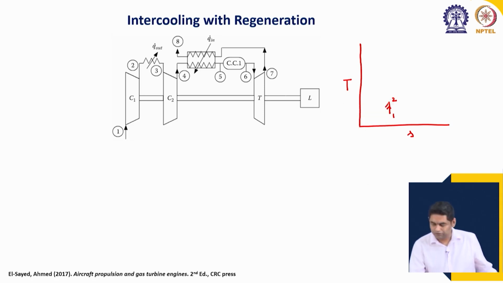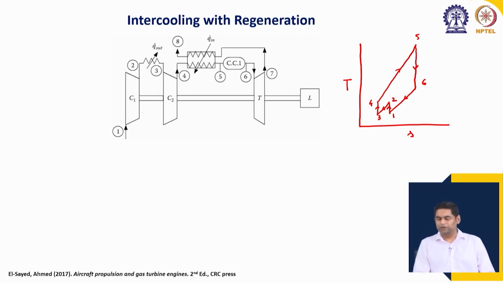Then 2 to 3 is the constant pressure heat removal or intercooling process, and 3 to 4 is the high pressure compression. This we already know, and we close this cycle with the other processes. 4 to 5 is the combustion, 5 to 6 is the expansion. Here we are considering a single turbine, and then 6 to 1 is the constant pressure heat removal, which is added to close the cycle.